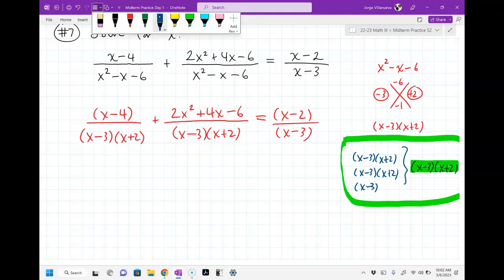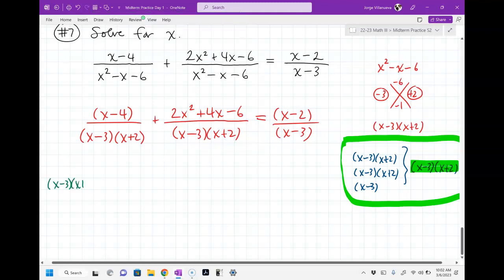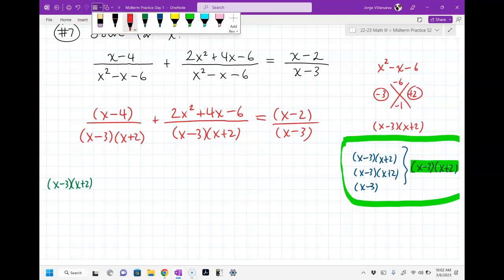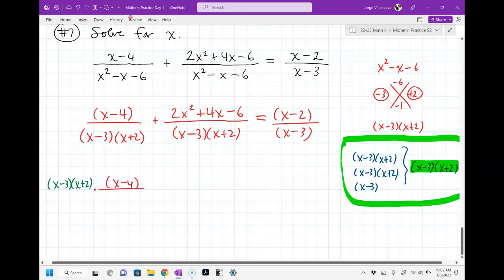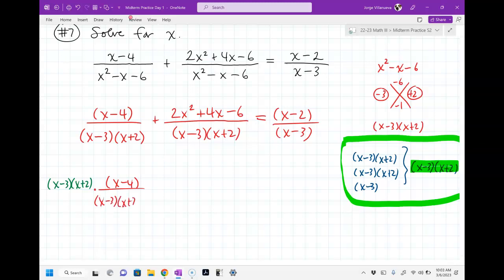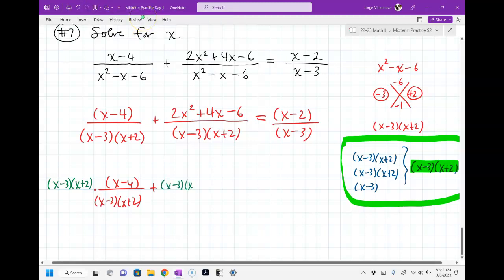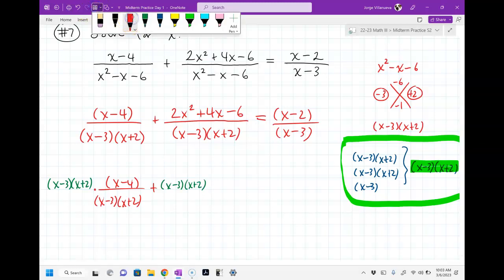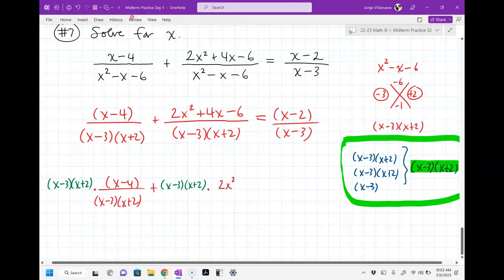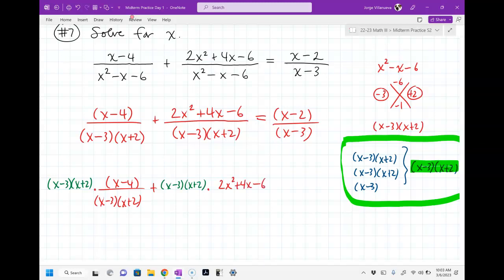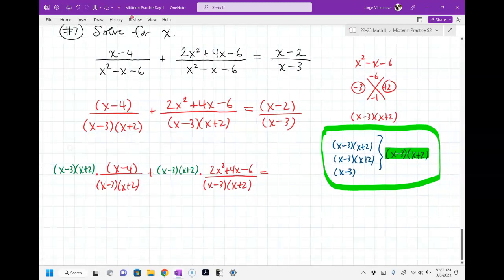So I'll use a green here. So x minus 3, x plus 2 times x minus 4 over x minus 3, x plus 2, plus x minus 3, x plus 2 times 2x squared plus 4x minus 6 over, I'm going to probably have to shift this down, don't worry, I can just drag and drop, equals, so give me a second, let me just drag this down.